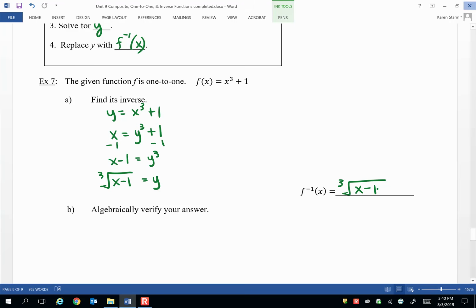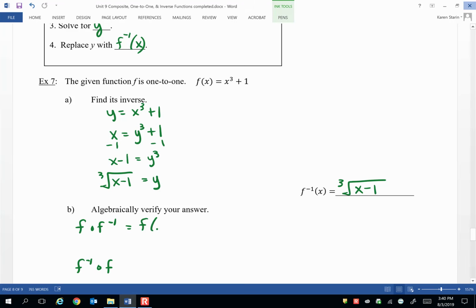How do we verify this? Well, remember, we need to take f composed with f inverse, and then also f inverse composed with f, and we should get back x. So let's do this work.